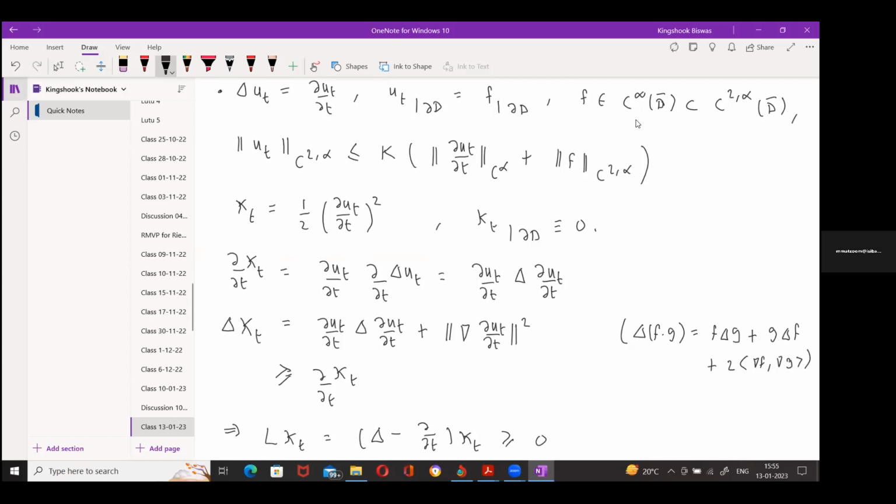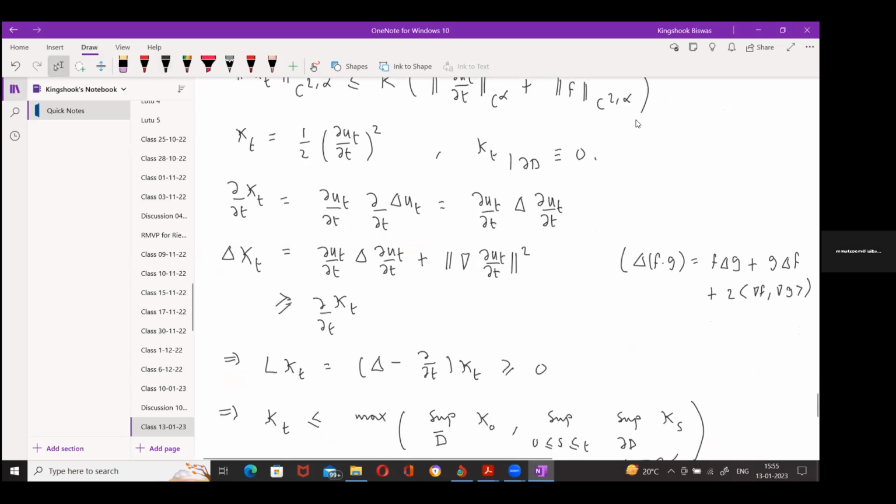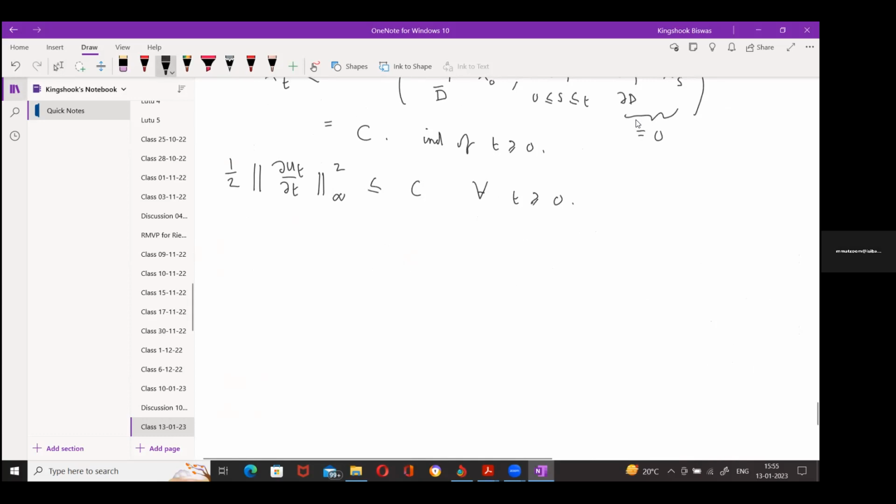So this becomes bounded for all T. And once you have that bound, the norm of UT in C2 alpha is less than or equal to some constant C prime for all T.